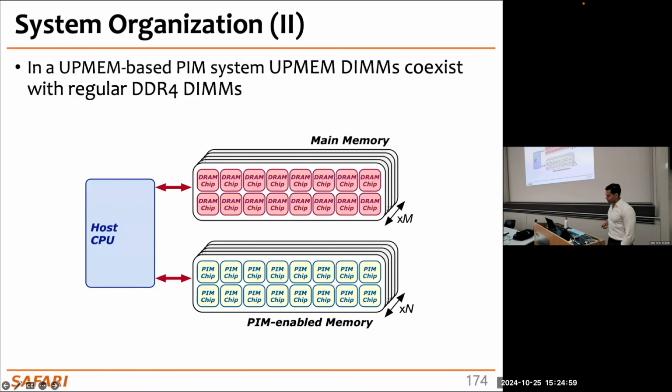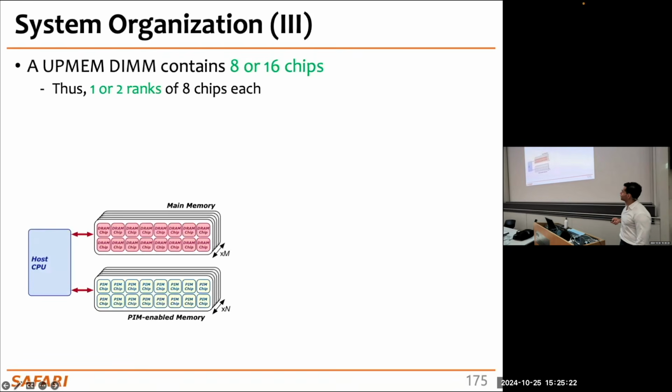As I mentioned, the UpMem-based PIM system is organized in a DIMM form factor, so it fits in the regular DIMM slot of your motherboard. It does not require something fancy like silicon interposers, like in the other chips that we are going to see later, and it sits alongside the main memory of your system.